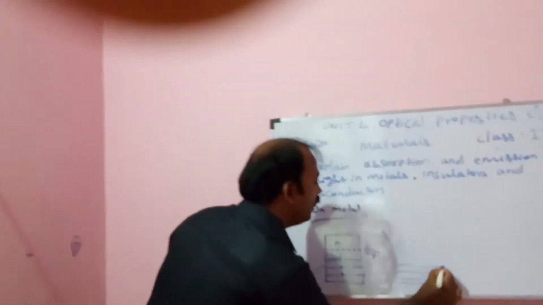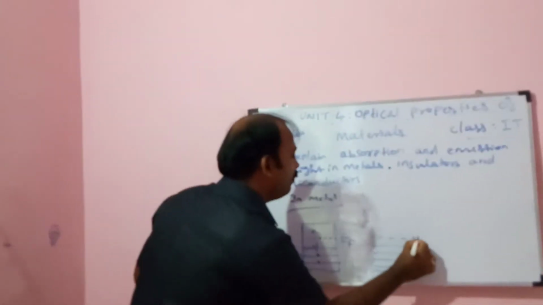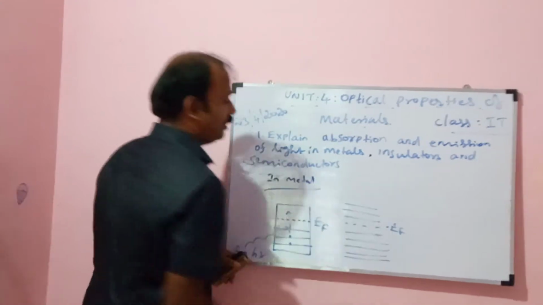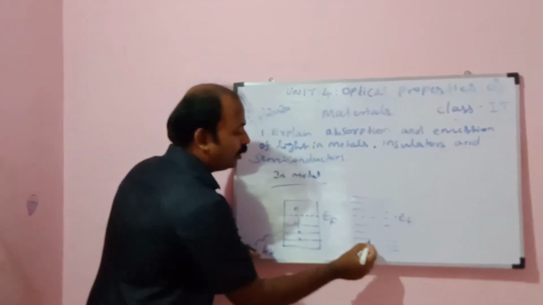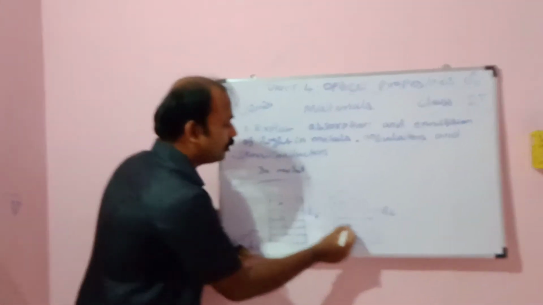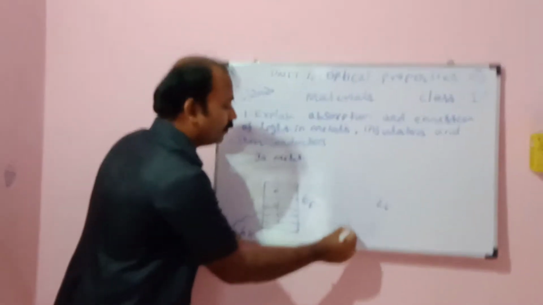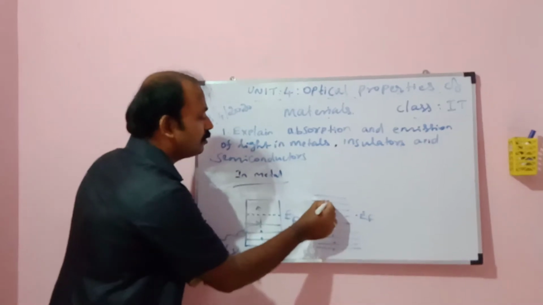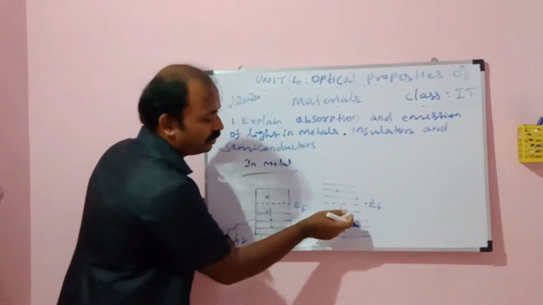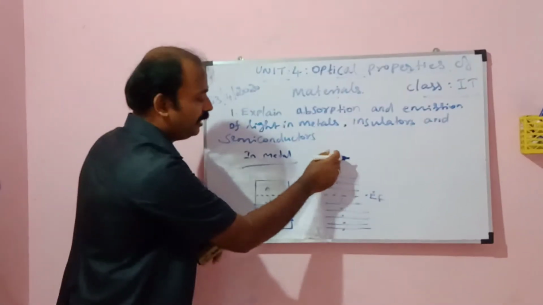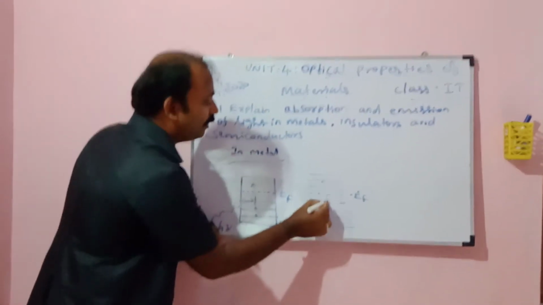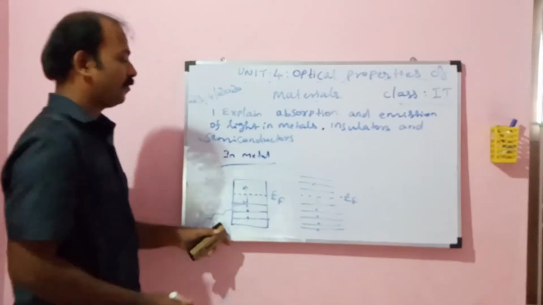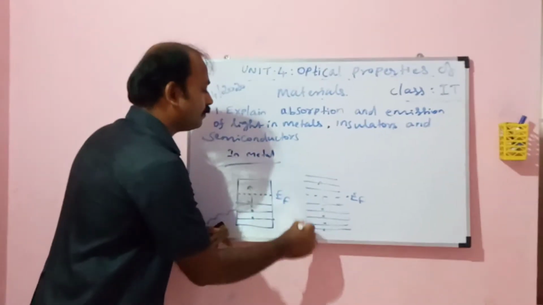These are the energy levels, this is the Fermi energy level, then here the higher energy state. Here the electrons are fully occupied. Due to absorption, some electrons are moved from this lower energy to the higher energy state. So here the vacancy is there, which we call a hole.